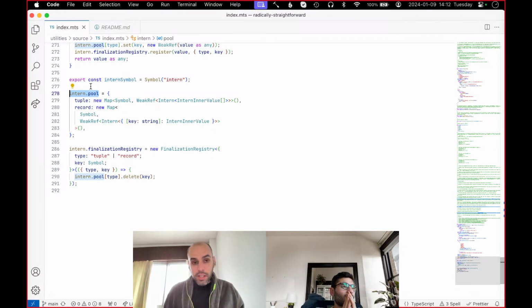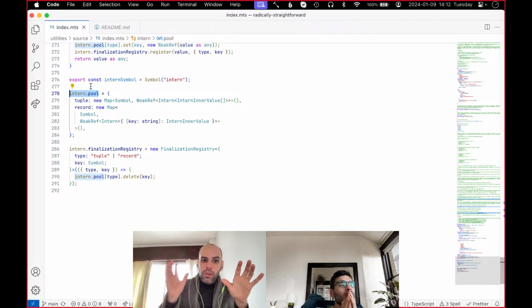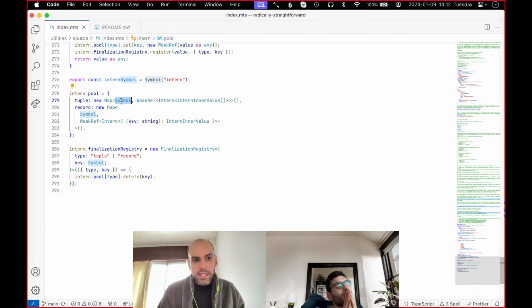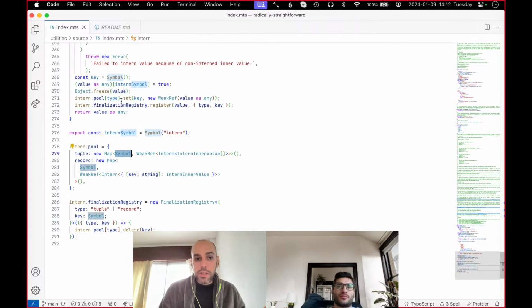So what I did instead is I did a map, not a weak map, a map containing all the values, and the keys to this map are symbols. Symbol is another thing in JavaScript that I knew about, but have never used before.